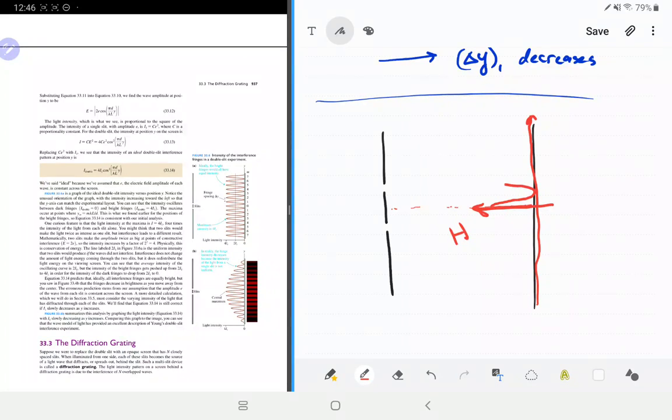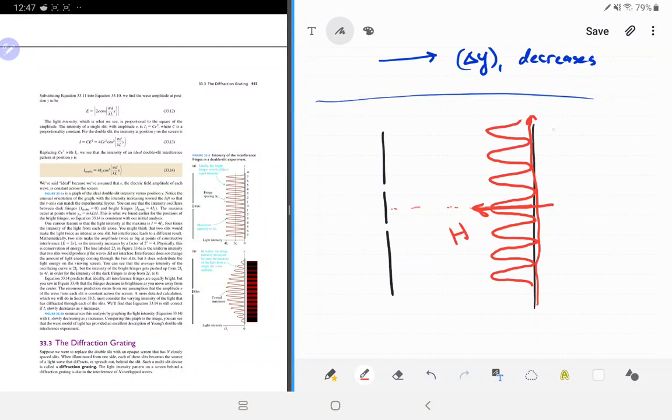And that dark spot is where it's 0 intensity. So actually, there's a quantitative relationship for exactly where you are on the screen and the intensity of the light. And so this could be y or angle theta. So I guess your book writes this in terms of y.